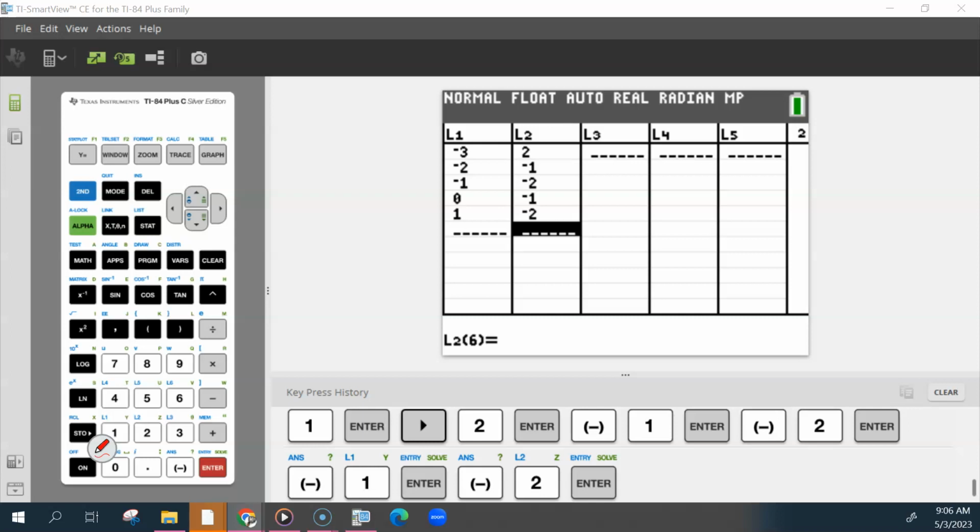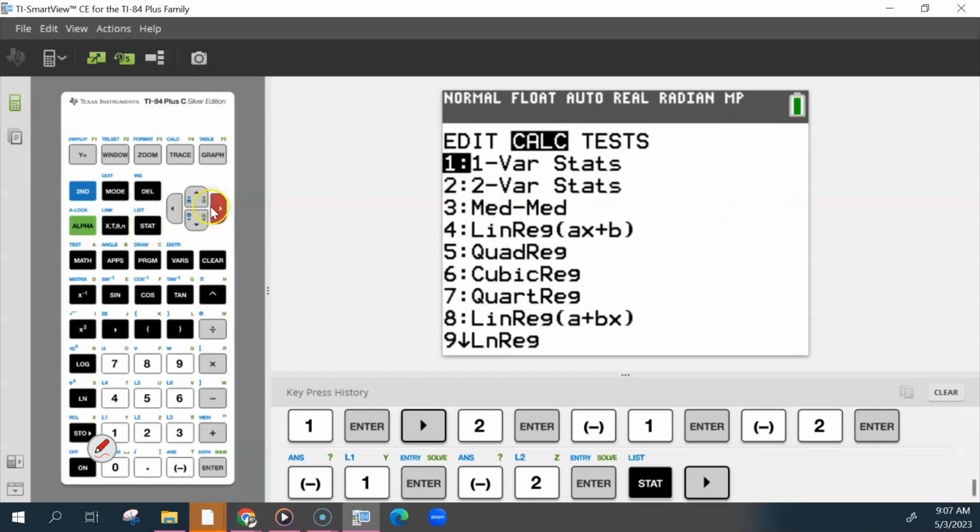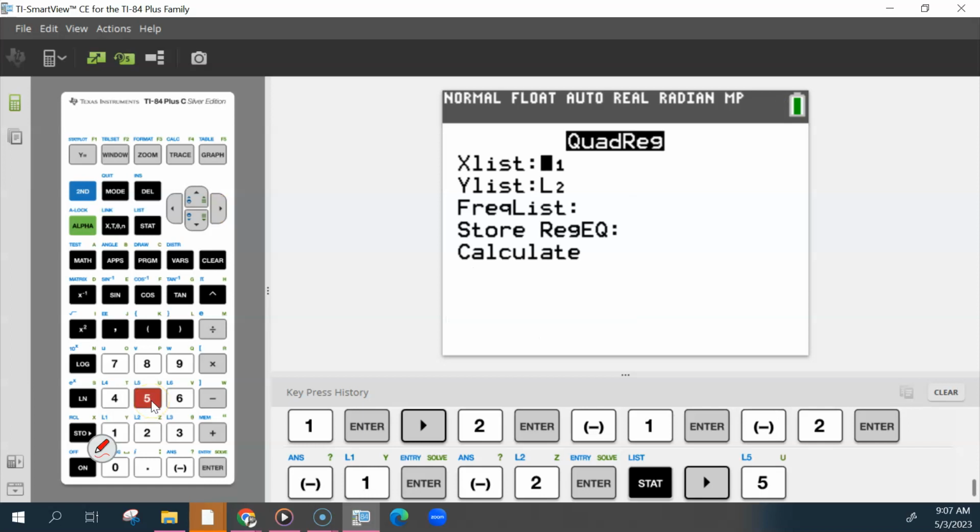Once you have all your points in, whether you're using Desmos or the calculator, if in the calculator, go back to Stat, scroll over to Calculate. We're just finding the equation, so we don't need to store this, but scroll down to 5, and calculate.